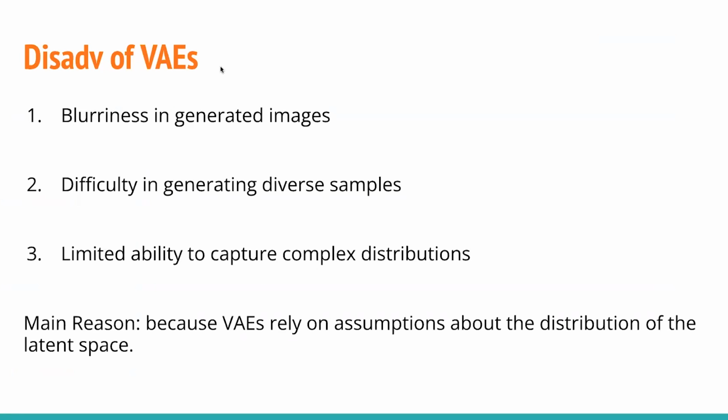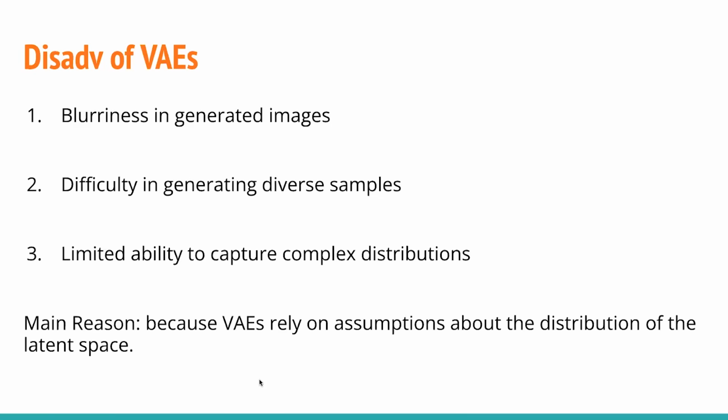Variational autoencoders are very simple, but their outputs are very blurry sometimes, and they actually suffer in generating diversity of images when the data set is very complex. In the case of just MNIST, it was good.